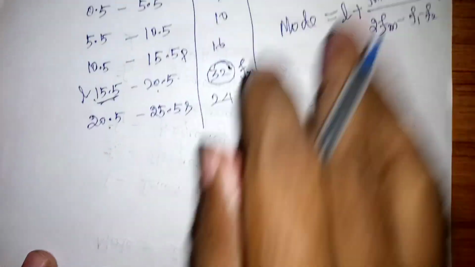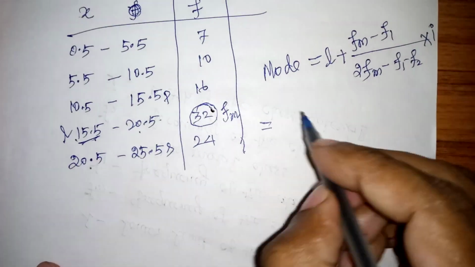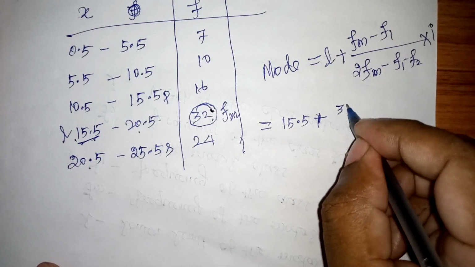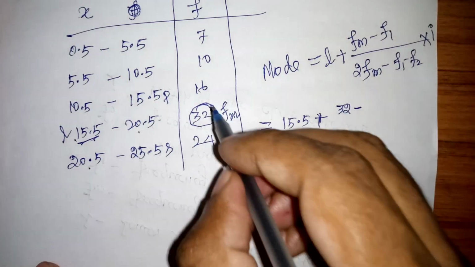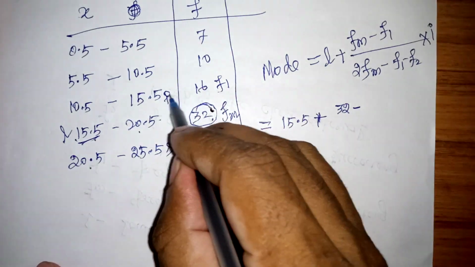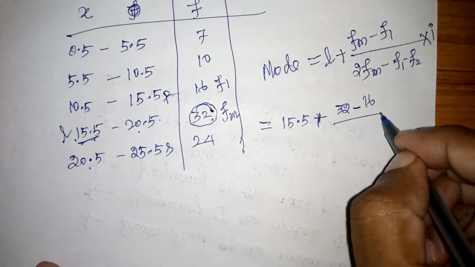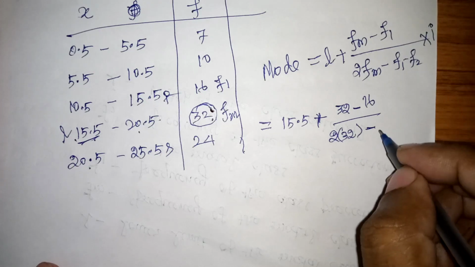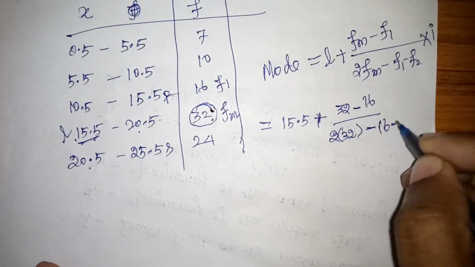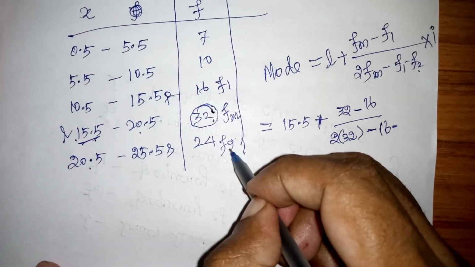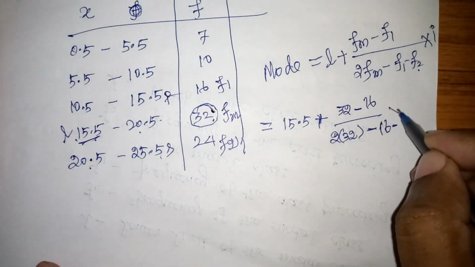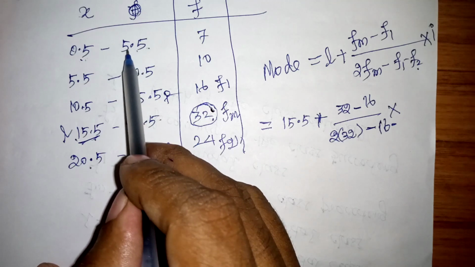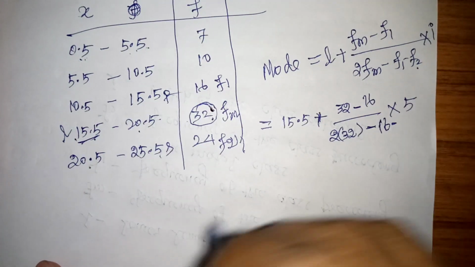The lower limit L is 15.5 plus Fm value 32 minus F1 value 16, the preceding value, over 2 into 32 minus 16 minus F2, the succeeding value 24, into I. The class interval gap I is 5.5 minus 0.5, which is 5.